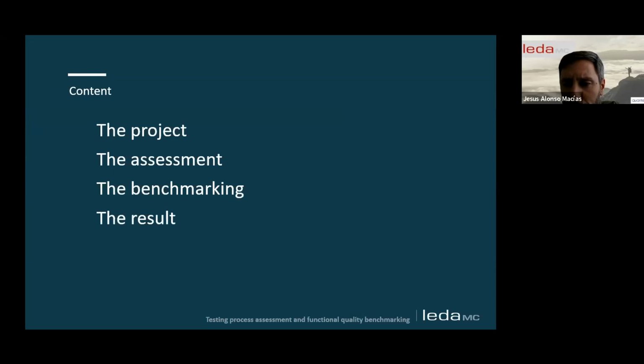Then we will see how to do a quality benchmarking, and finally, we will be able to see the result that will allow us to improve our testing process. Throughout the presentation, we will see real examples.